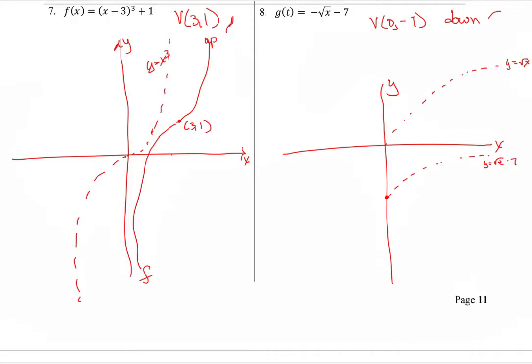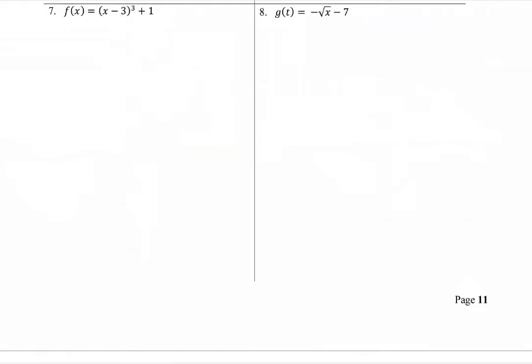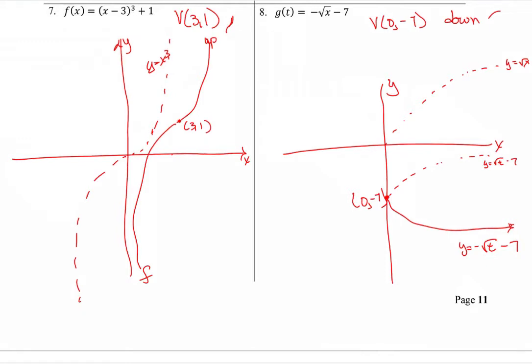But I want the negative of that, so it's going to look exactly like that, except it's going to come down here. So this is y equals negative square root of t minus 7. And that is 0, negative 7. Now notice how I showed you the different stages of the square root of t. If you need to do that, then draw those different stages.